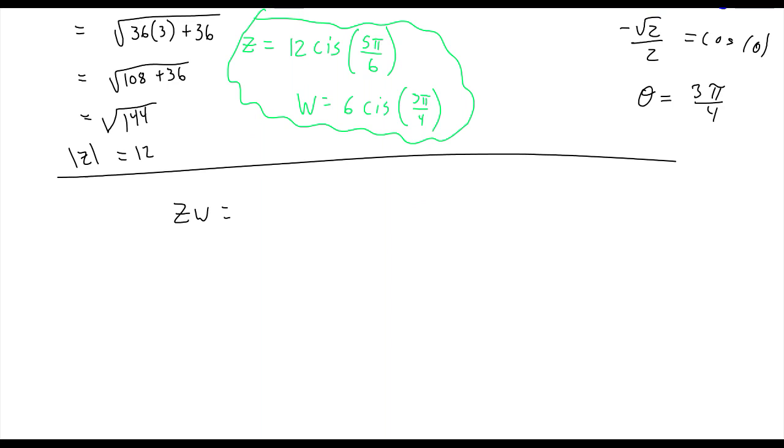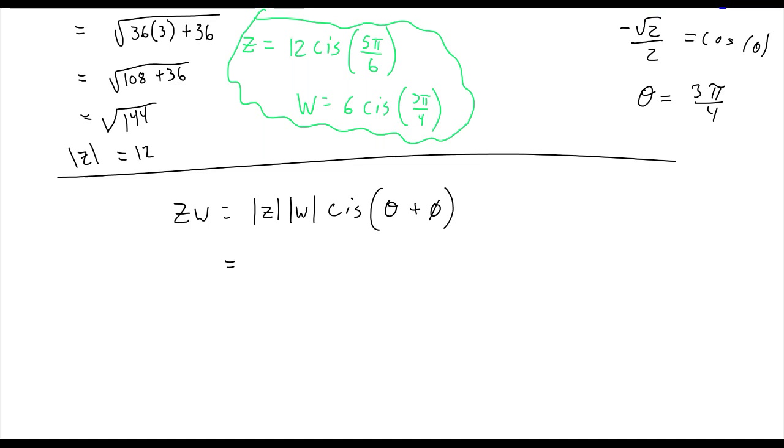You multiply the two magnitudes, the 12 and the 6, together. Maybe I'll write out the formula first so you can see it. You multiply the magnitudes and you add the angles, the angle for z and the angle for w. That's the formula. It's simple multiplication and addition at this point.